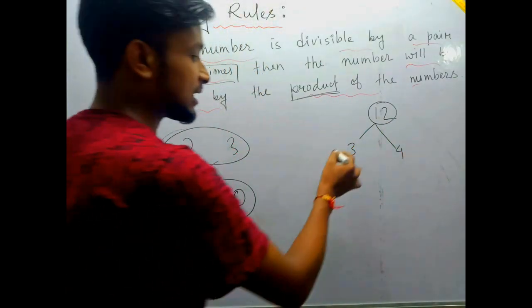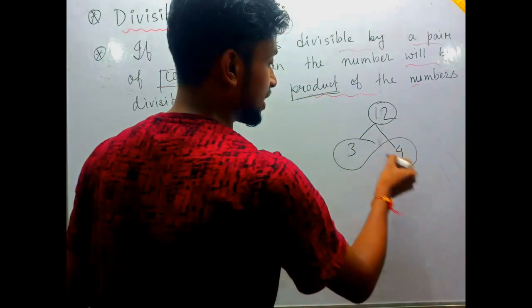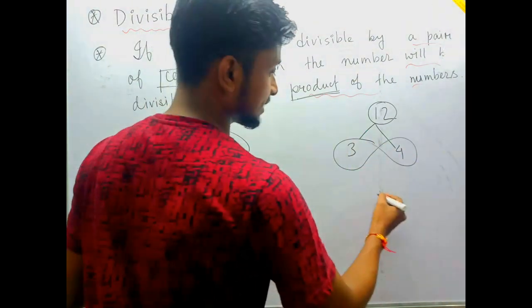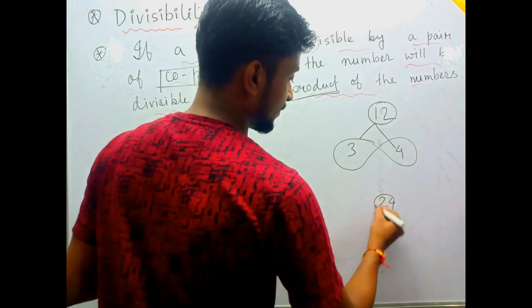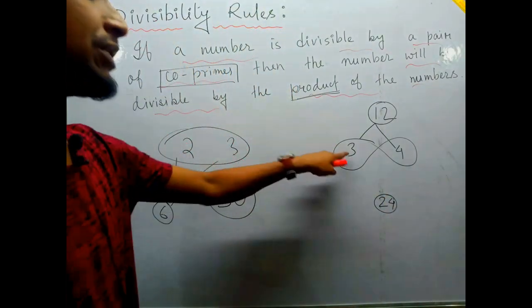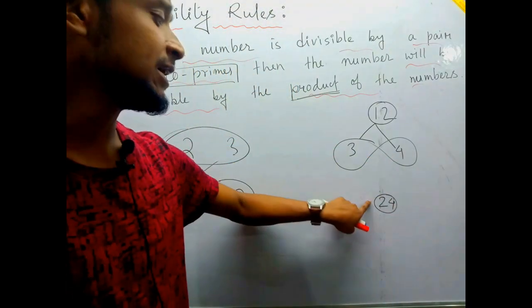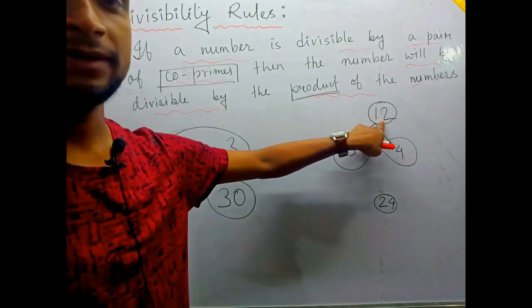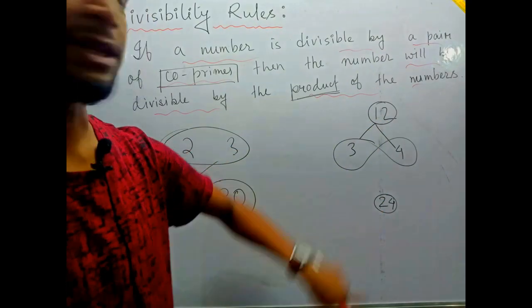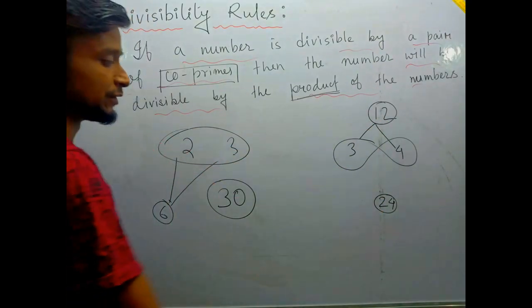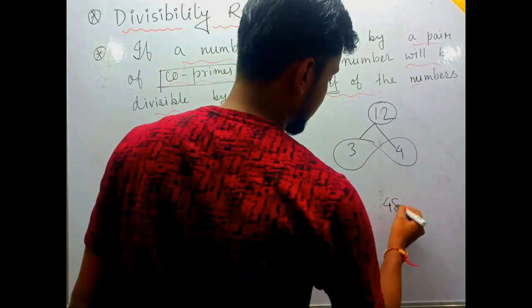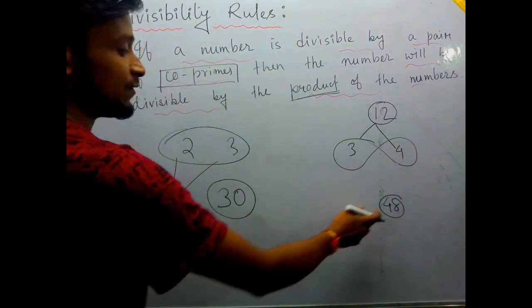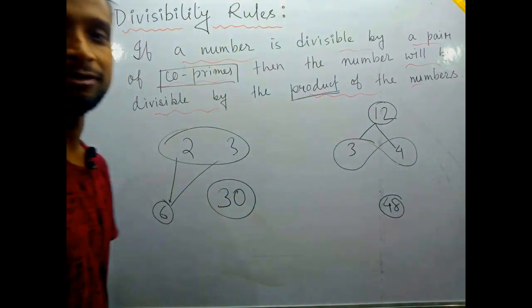Let's take an example, 24. 24 is divisible by 3 and 4, and it is also divisible by 12, right? Similarly 48 is divisible by 3 and 4, and also by 12.